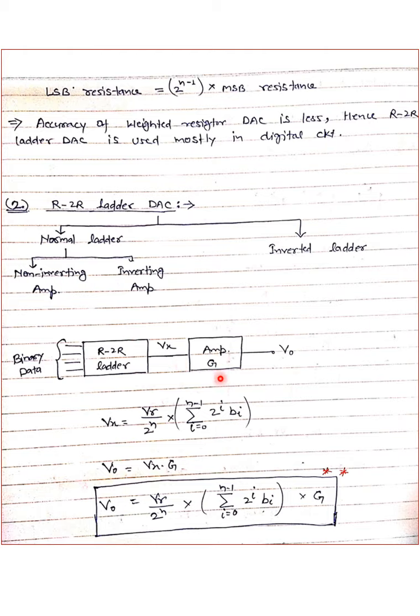So the final output of an R2R ladder is given by VR upon 2 raised to power n, meaning resolution, into decimal equivalent of that binary number into gain of the circuit. So finally you have to remember this formula that is used to convert a digital signal into an analog signal.